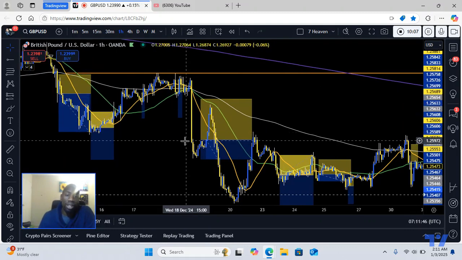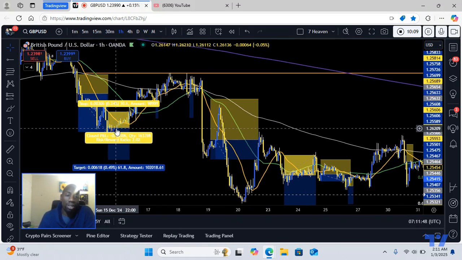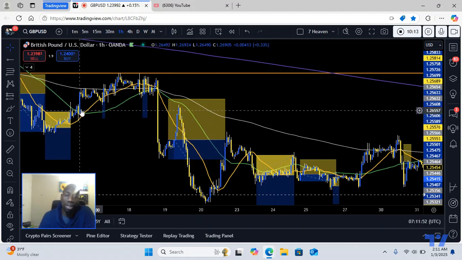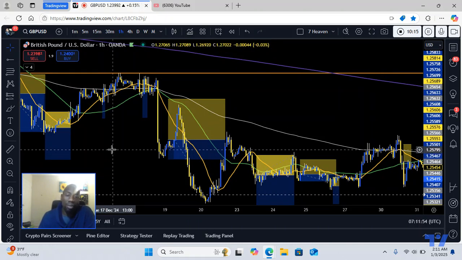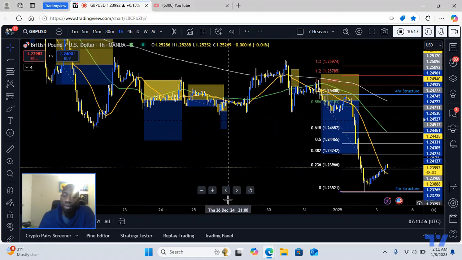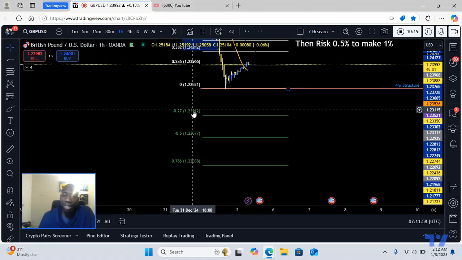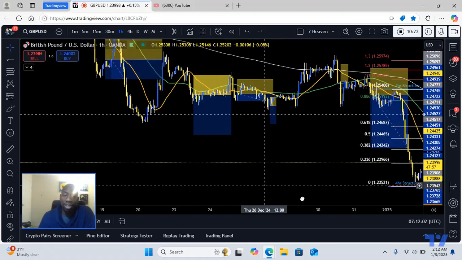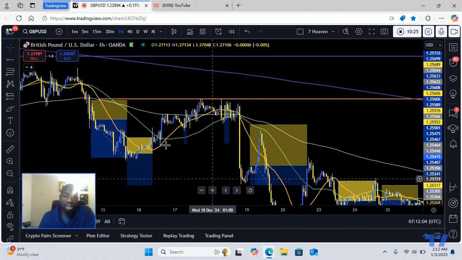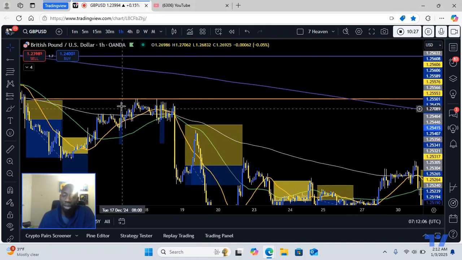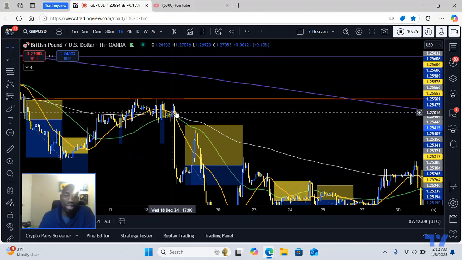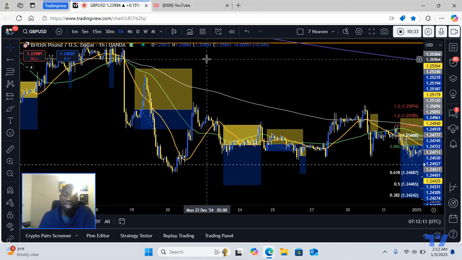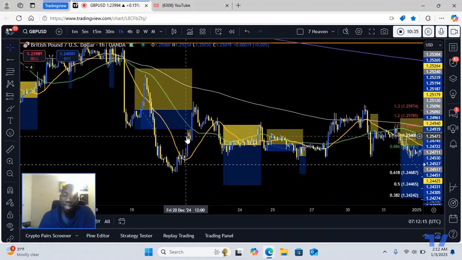So I had a win here. I have two, one, two, three, and irrelevance. Irrelevance means that thing didn't hit the negative 27 right here, which is my entry, right? And if it doesn't hit it and it hits that yellow instead, it's irrelevant, and I just delete that setup. So I deleted a setup here, deleted a setup here, deleted a setup here. And then I finally took this setup, and then I ended up losing.